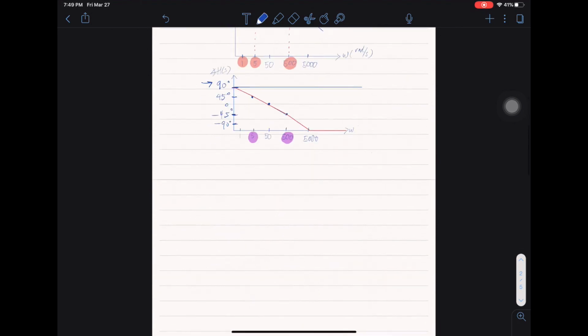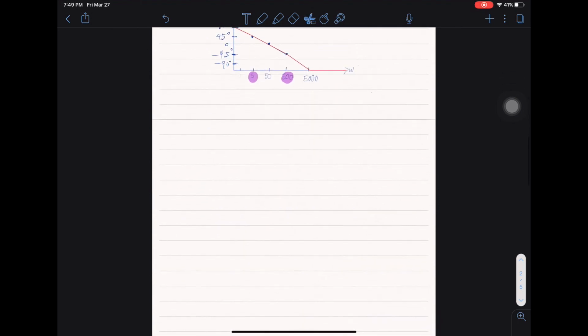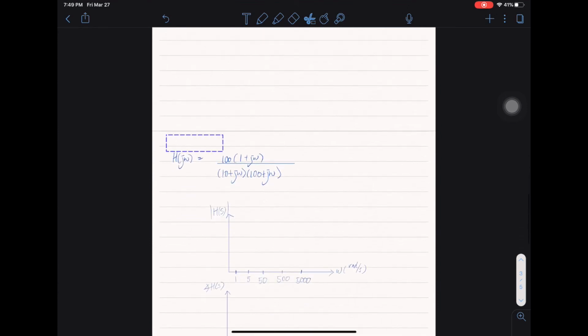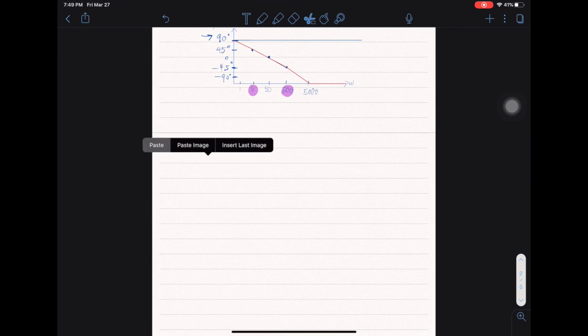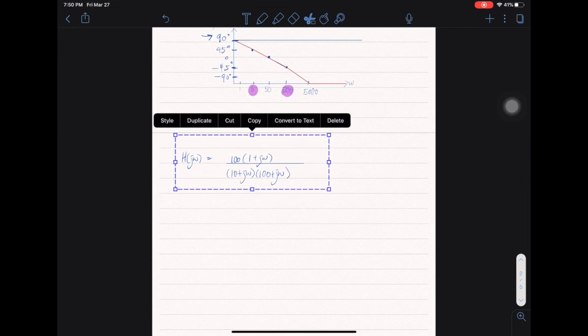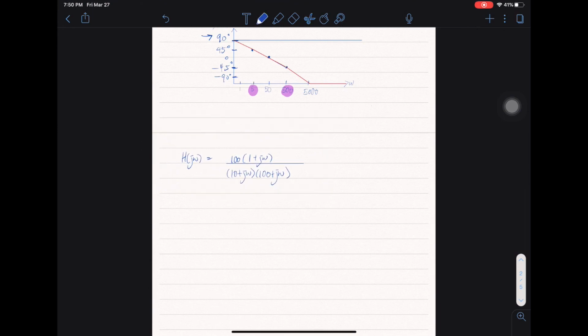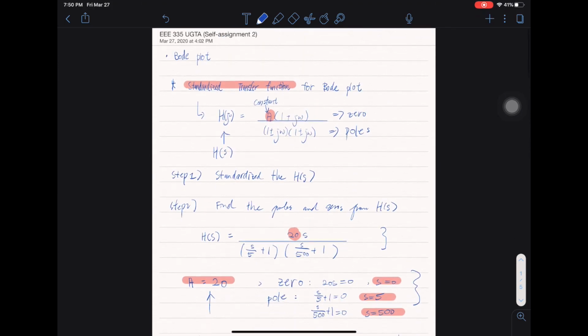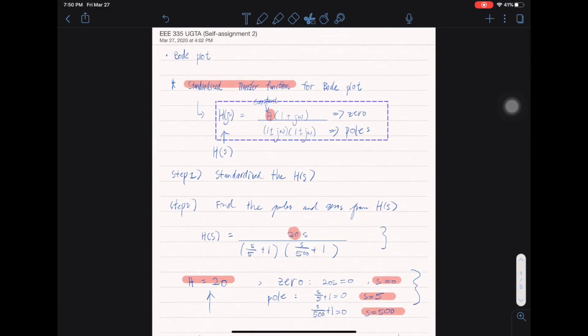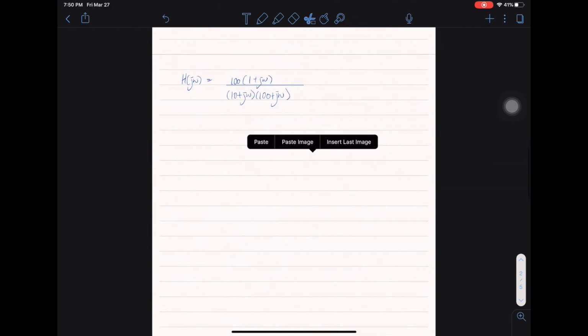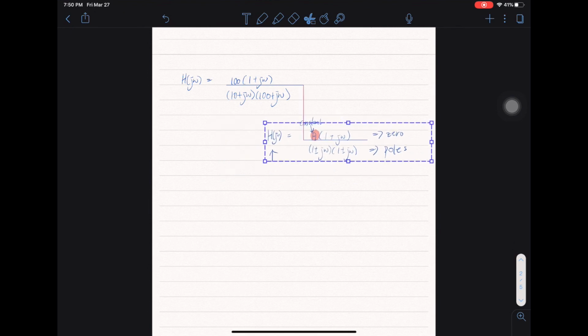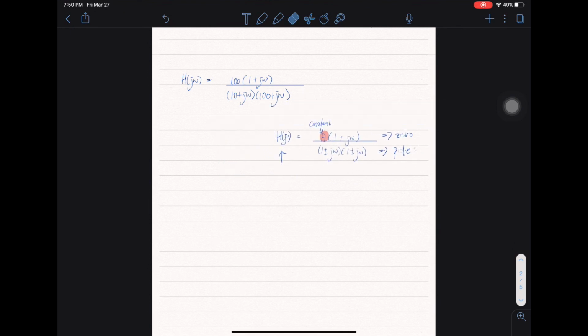And I also mentioned before that I will work on an example to show you how to standardize a transfer function. So let's say this is the transfer function that is given, and going back to our standardized form, I'll just copy and paste real quick. So this is our standardized form.